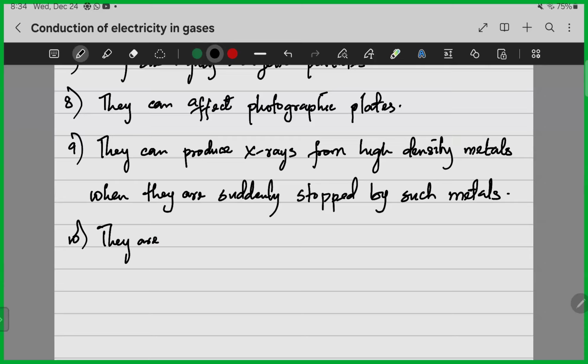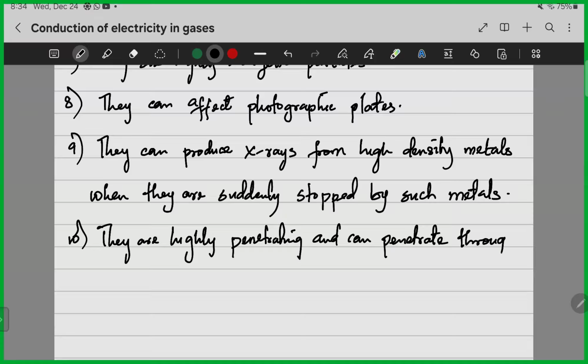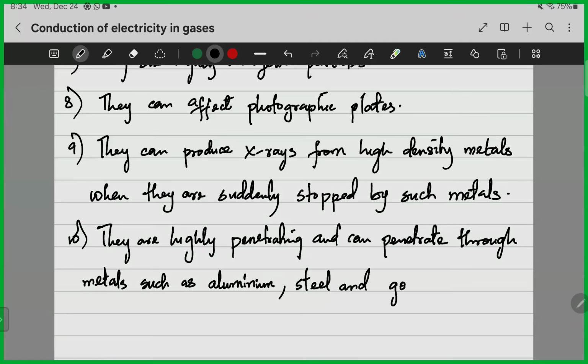They are highly penetrating and can penetrate through metal, such as aluminum, steel, and gold foil.